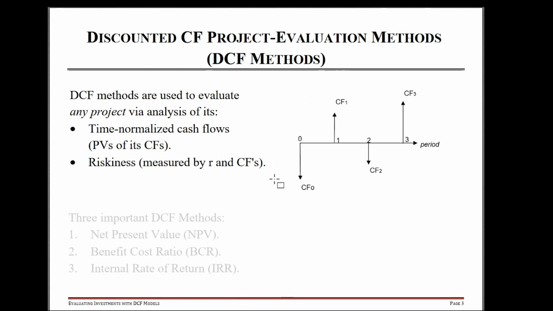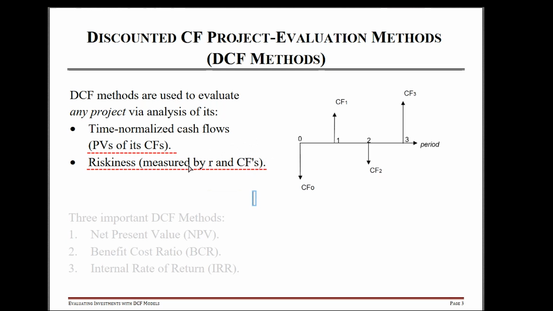And the DCF methods, the great thing about them, as I've indicated before, is that we can use them to evaluate any project. And all we have to do is consider its time normalized cash flows. And what I mean by its time normalized cash flows are simply the present value of its cash flows and the riskiness of the project, which, as we saw in chapter 10, we want to measure in our discount rate and our cash flows.